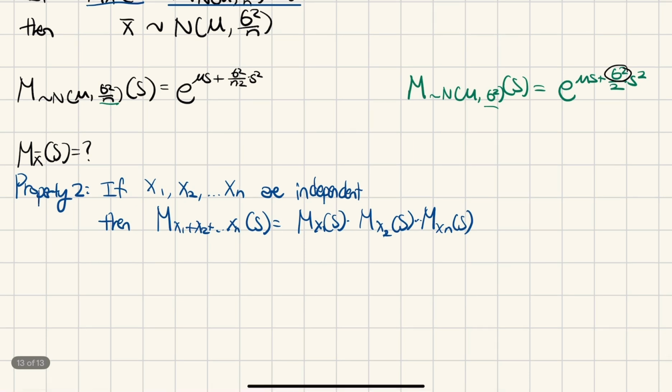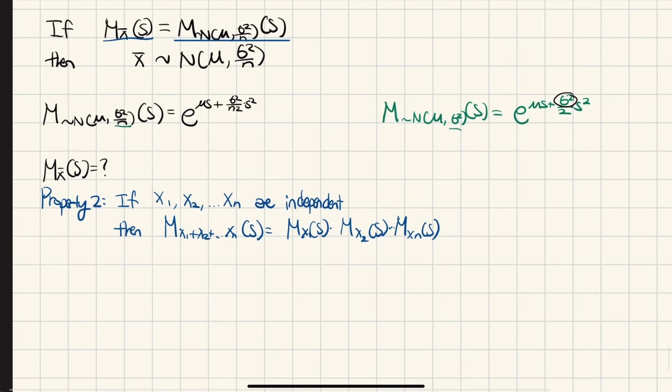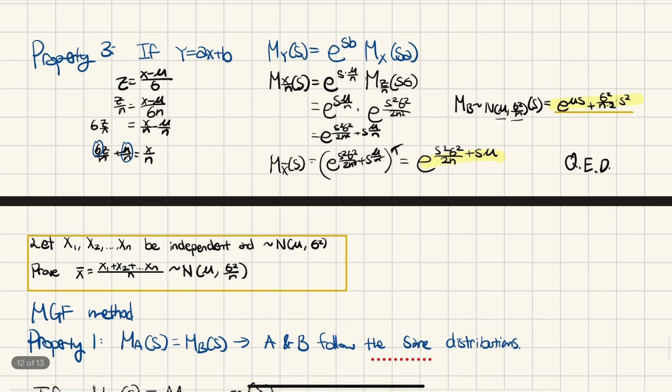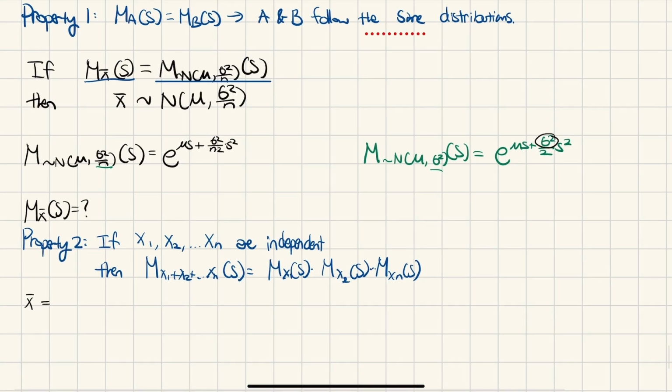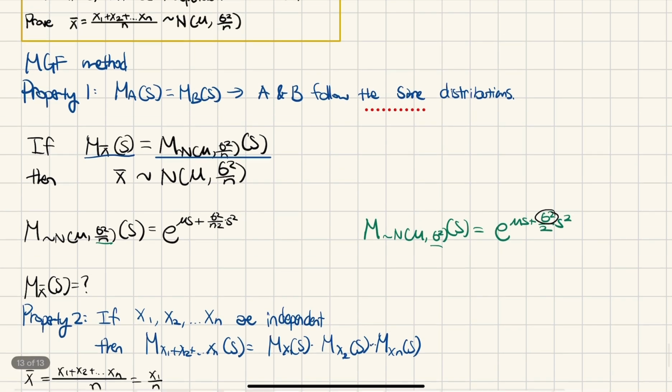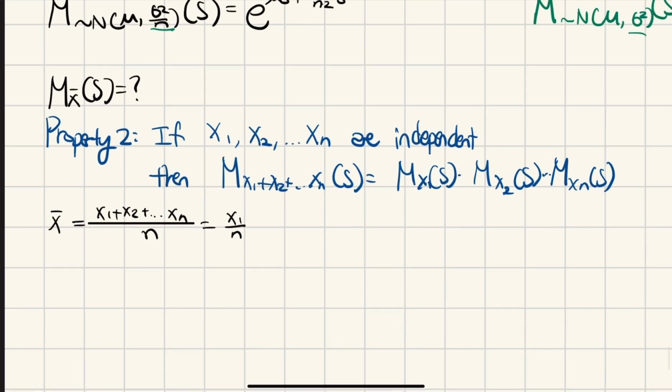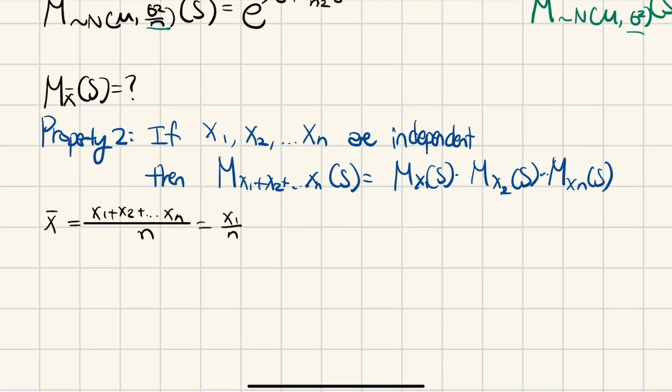And since we already know this property and we know that x mean equals x1 plus x2 plus and so on, all the way to xn, over n, which is just the definition from the prompt, it also equals x1 over n plus x2 over n plus all the way to xn over n.